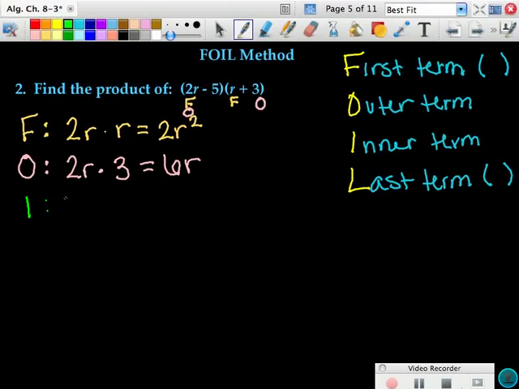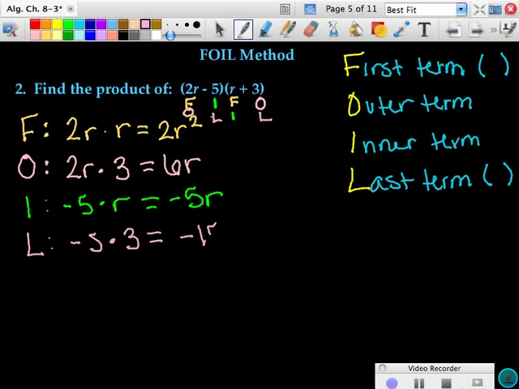Inner, the ones right next to each other, right there. So negative 5 times r, so that gives you minus 5r. And then we have our last, L, and last means last of each set. All right, so L here, L there. So we have negative 5 times 3, negative 15.